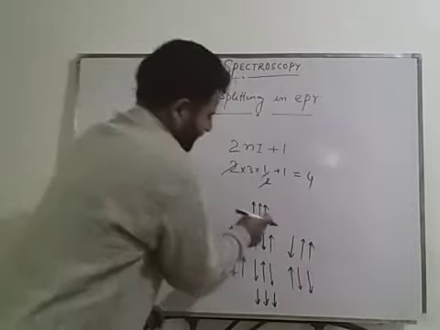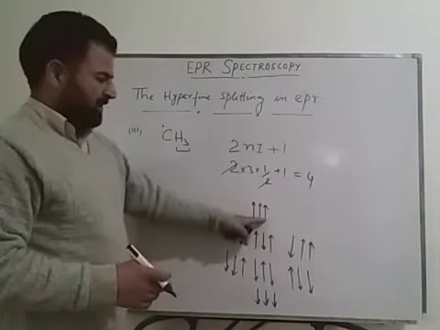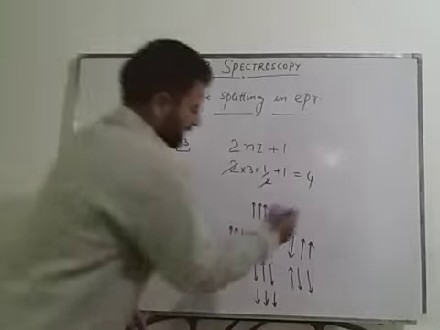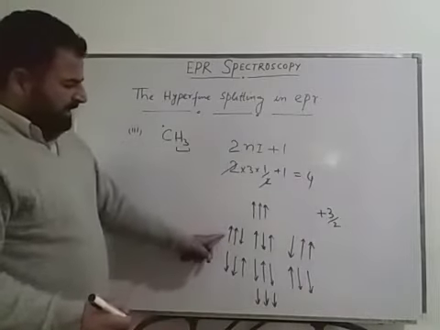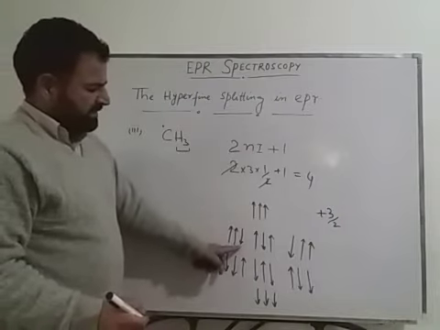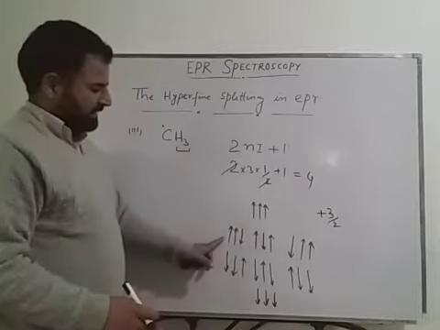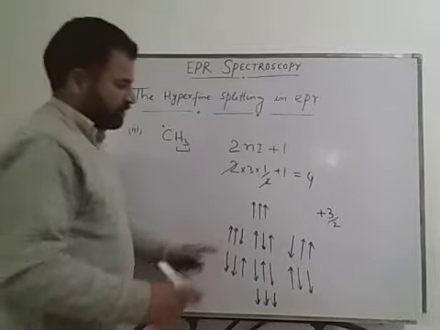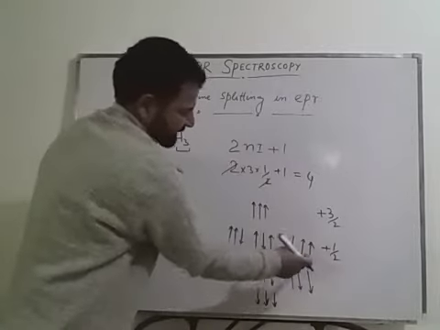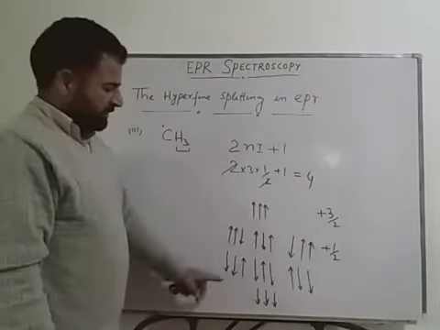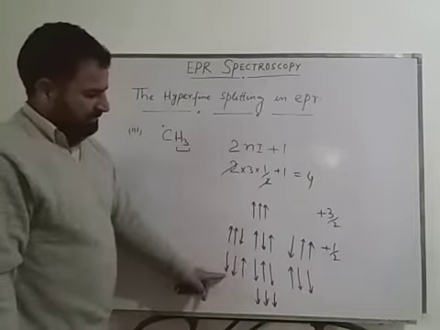Since every nuclear spin has plus or minus 1 by 2, if all 3 spins are in the upward direction, then it is given by plus 3 by 2. Here 2 are upwards and 1 is downwards. One upward and one downward will cancel, so there remains only plus 1 by 2. The same holds for this orientation and for this orientation. Whereas here 2 are downwards and 1 is upward, these 2 will cancel, and this will be minus 1 by 2.